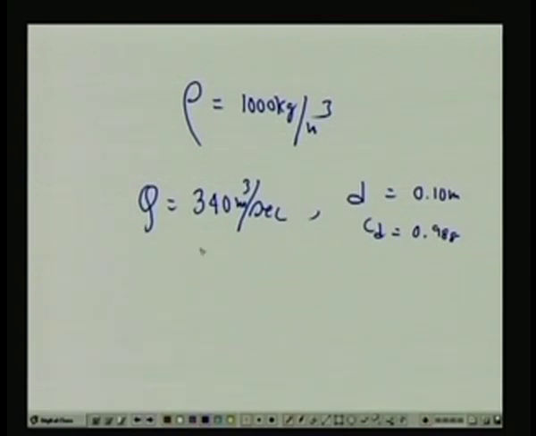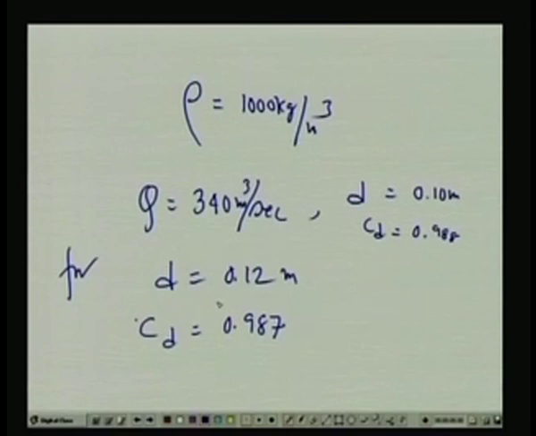Then for D equal to 0.12 meter, we have calculated from the formula that CD will be 0.987. So the Q2, if this is Q1, will be equal to 507.6 meter cube per second, right.